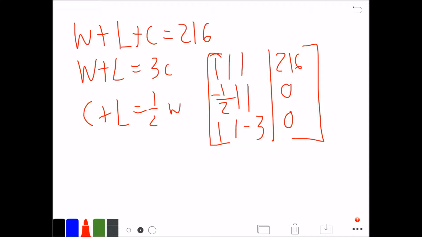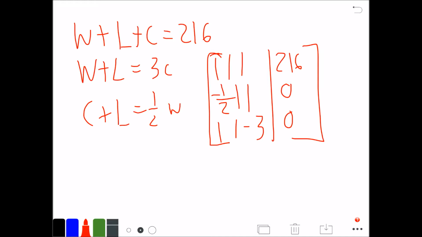But this is how you want to set up your system. On the left side is your W, or your watch. On the right side, with -3, is your chain, and your middle is your L, your locket. And I feel this is the hardest part, just to set up the matrix. Solving it shouldn't be too bad because you just learned that in your algebra class. And how I made this matrix is I subtracted the terms over, and yeah, so that's how you would solve that.